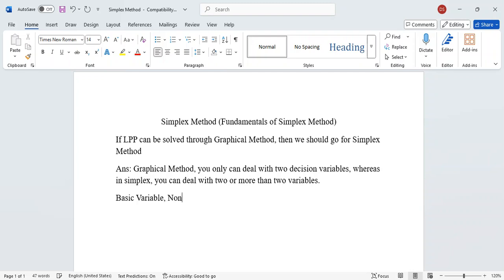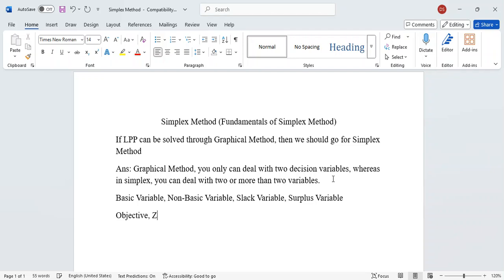Basic variable, some will be non-basic variable, some will be slack variable, some will be surplus variable. To understand all those types of variables, I am highlighting one objective function, and we will discuss everything by an example.